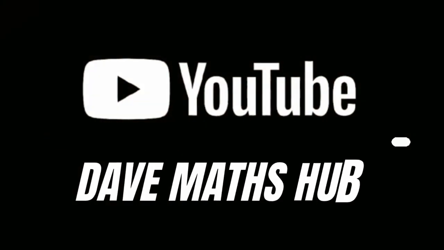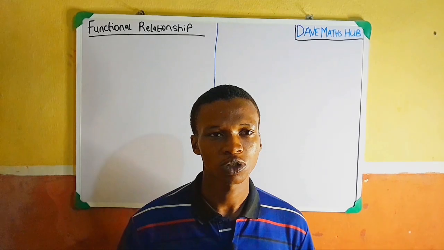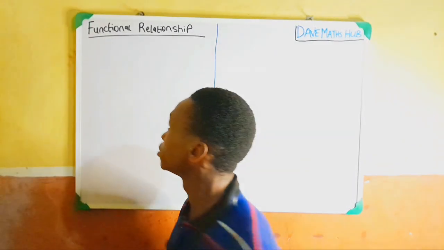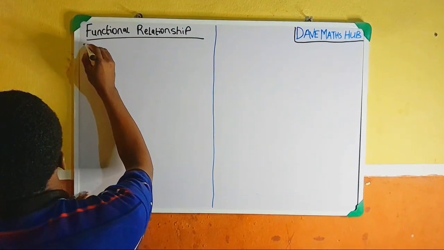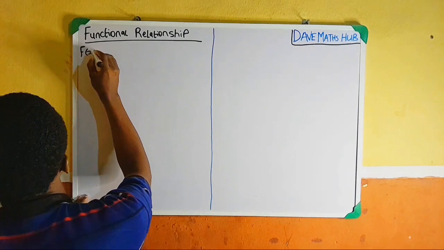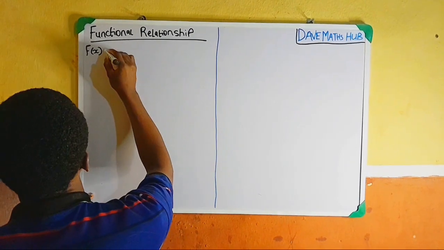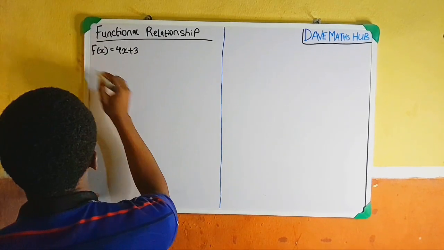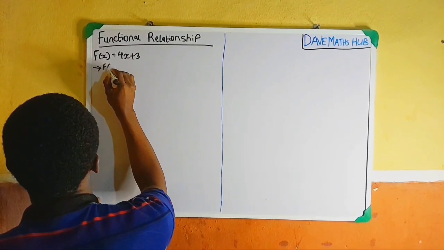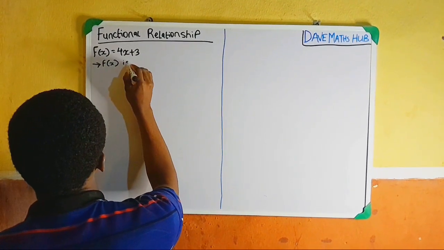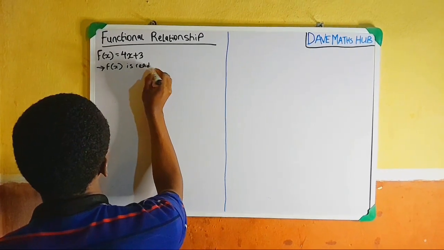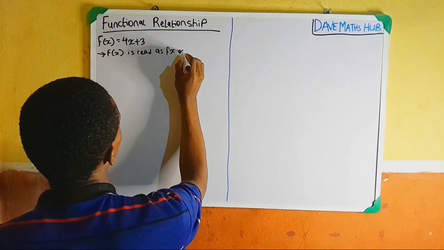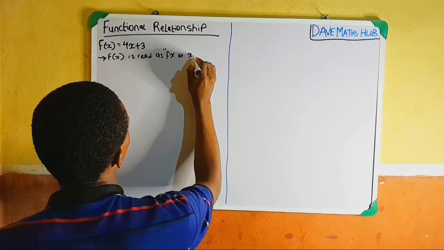That being said, a function is a mathematical expression of one or more variables. It can be written as f of x equals 4x plus 3, whereby this f of x is read as f of x.